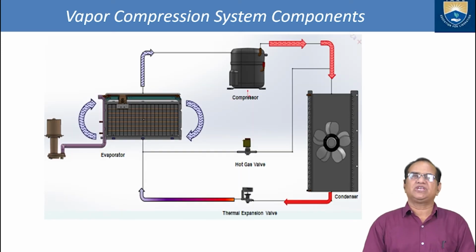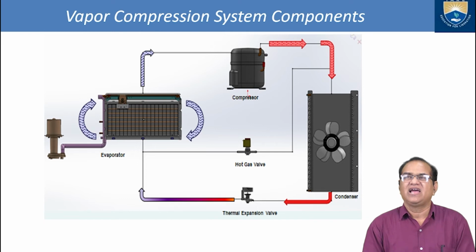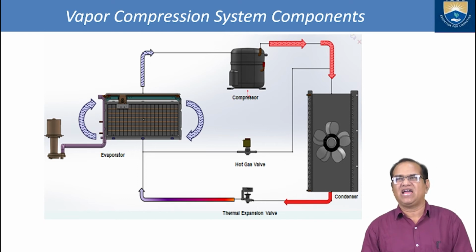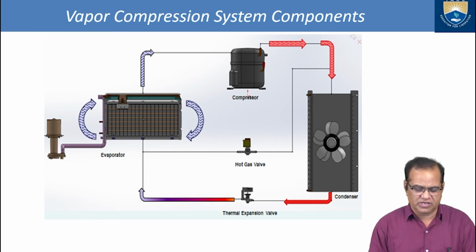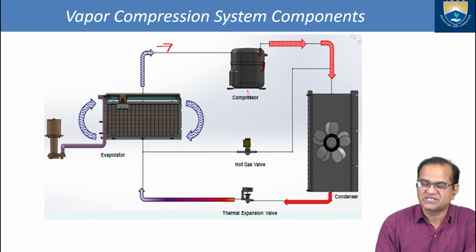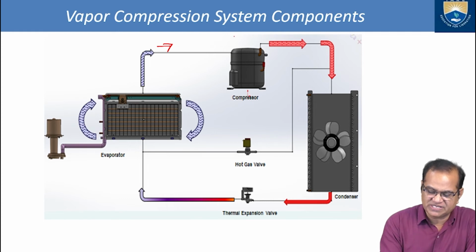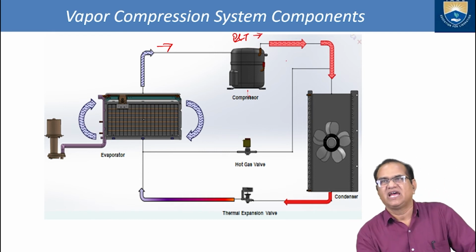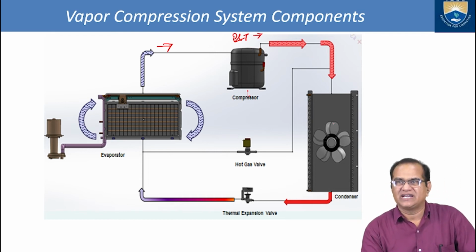So here I am showing you the vapor compression cycle, and these components are shown here. I will start with the compression. The air is entering here in the compressor, and in this compressor pressure and temperature increase. Then it goes to the condenser.